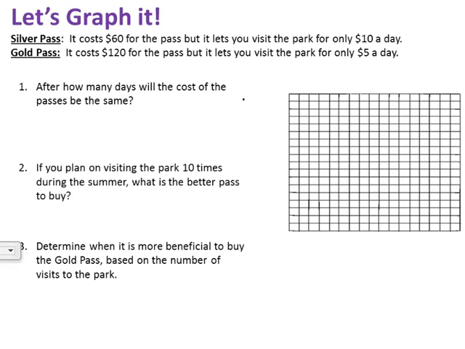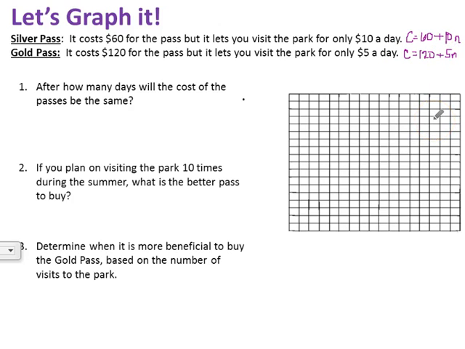So now that we've got our two equations, we've got the silver pass, which is C equals 60 plus 10n, and then we've got the equation for our gold pass, which is 120 plus 5n.